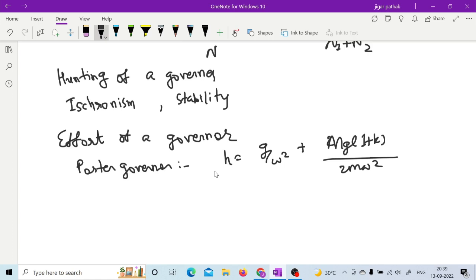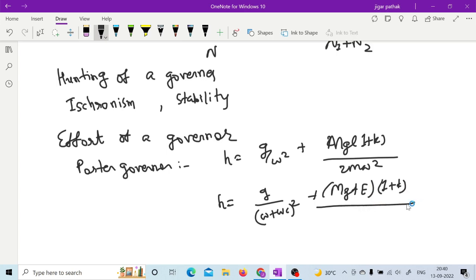So the dead weight mg will have certain effort, that is mg plus e. So here that new h can be written by changing omega to omega plus c omega and mg to mg plus e, right?